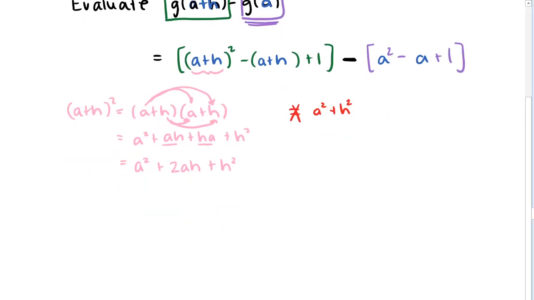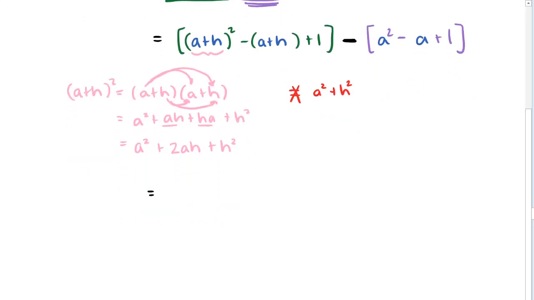Let's put that into our expression. Here we've got a squared plus 2ah plus h squared. And then we have minus a, and then this tells us to subtract a plus h, so subtract away a, subtract away h. You can think of it as distributing through that subtraction. And then we have plus 1.